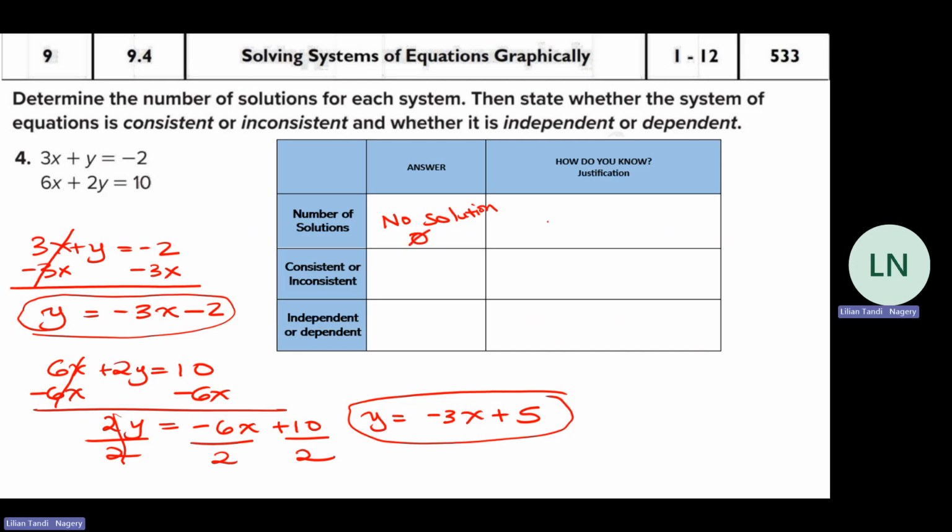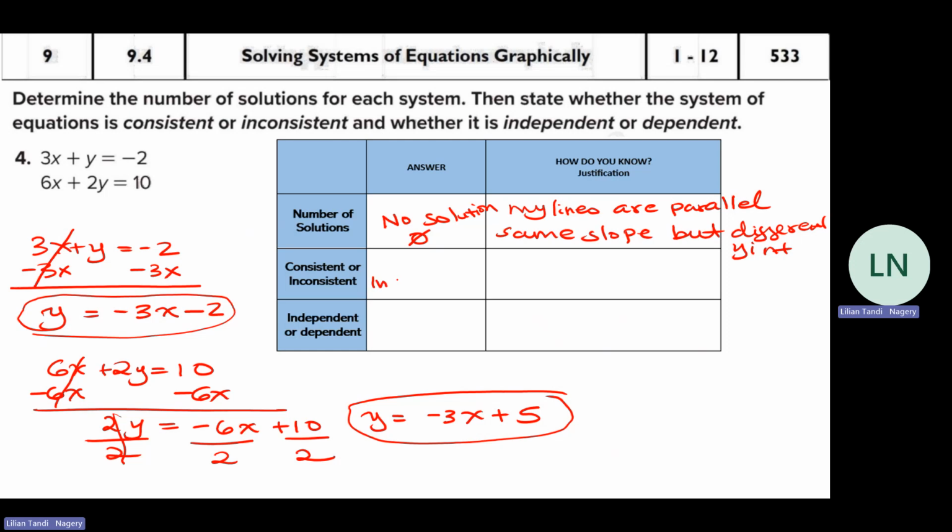And you can write it like that also. How do you know my lines are parallel? Same slope, but different y-intercepts. Consistent?